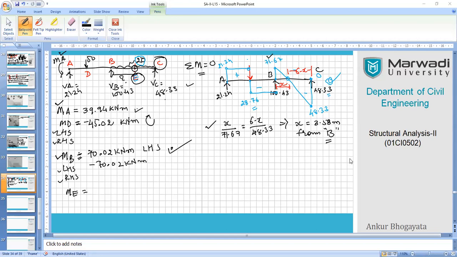And span moments are largely positive because there is sagging. And in joints, there is hogging. So hogging will be shown below the line, sagging will be shown above the line with respect to the type of loading. So we will come immediately to the next step once I receive the value of ME.